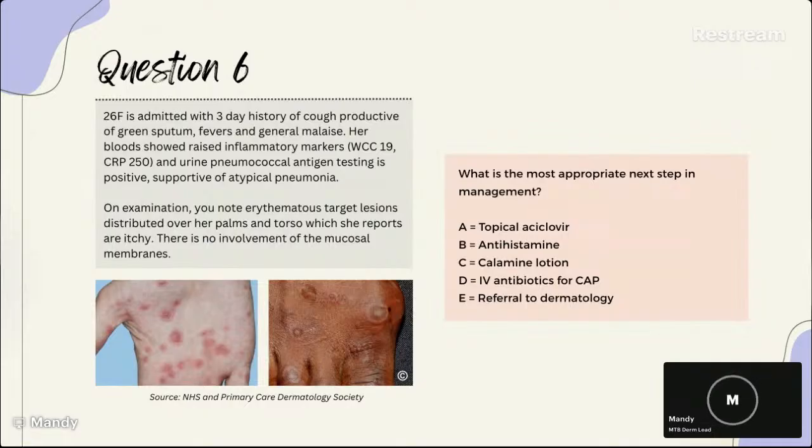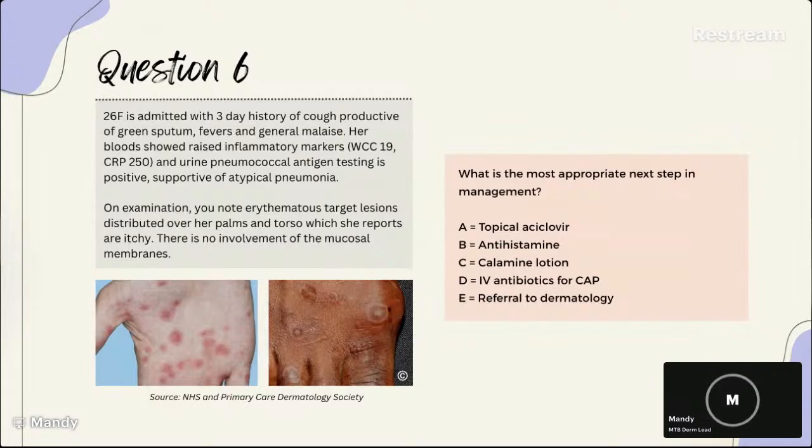Her urine pneumococcal antigen testing is positive, which is supportive of an atypical pneumonia. On examination, you note erythematous target lesions distributed over her palms and her torso, which you report are itchy. There is no involvement of the mucosal membranes. Based on this, what is the most appropriate next step in management?